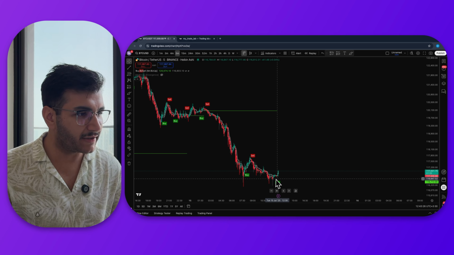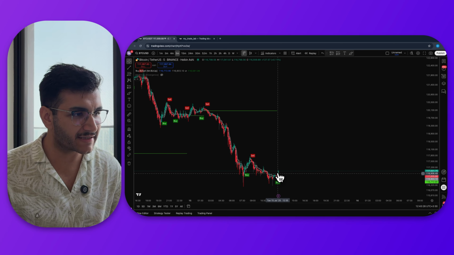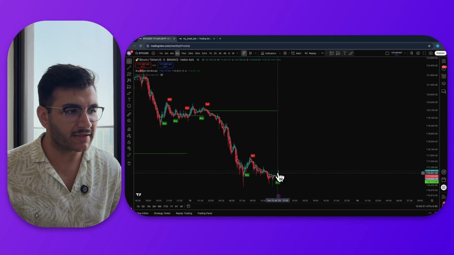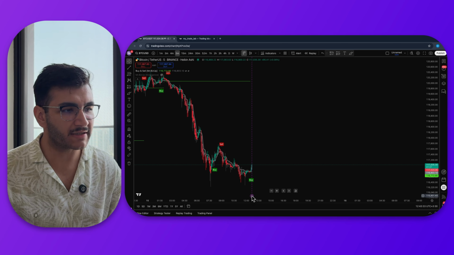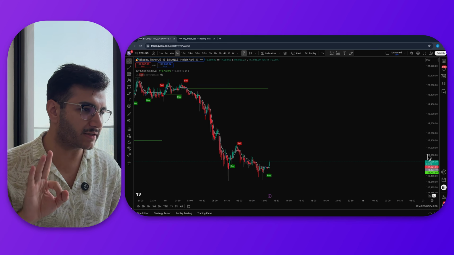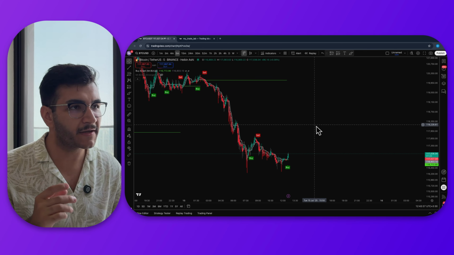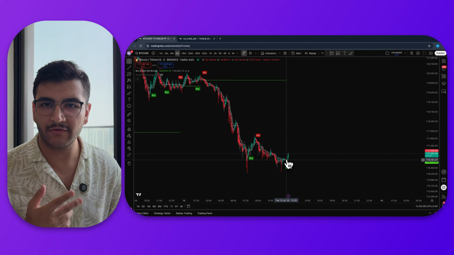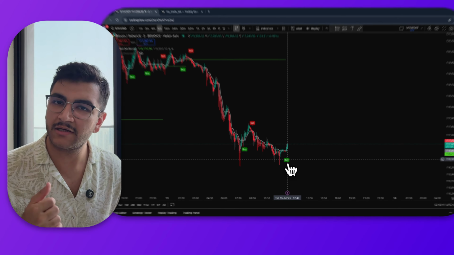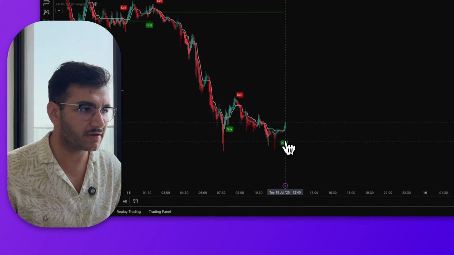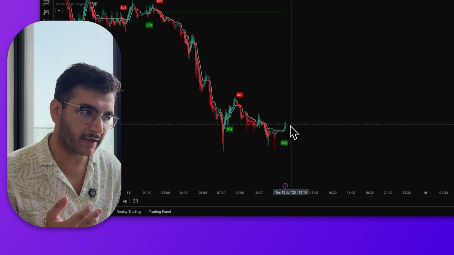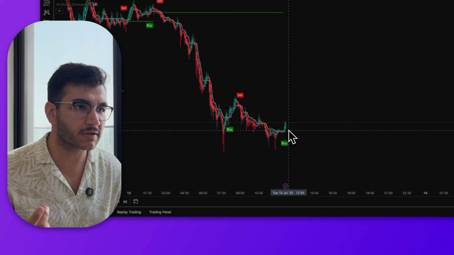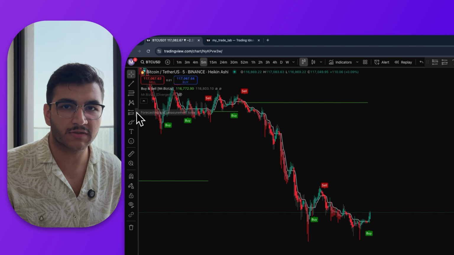For example, here in the live market, in the last candle, we have a buy signal. How can we use that? We have three main strategies for this trading bot. The first strategy is buy with every single buy signal, sell with every single sell signal, and use proper risk management to calculate your stop loss and target.